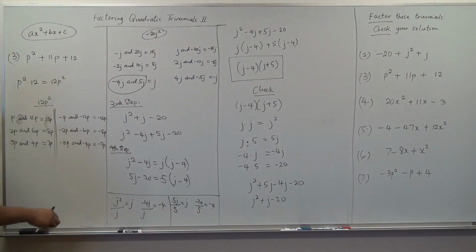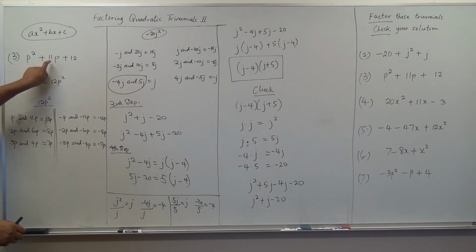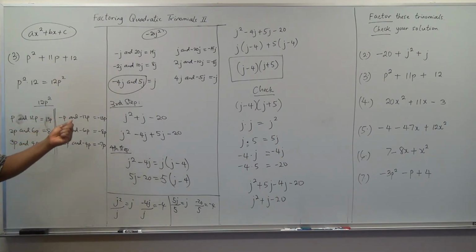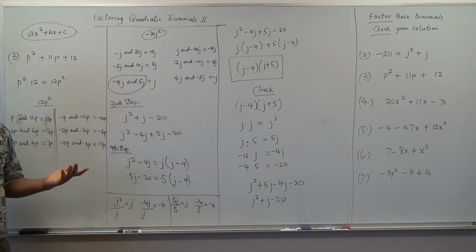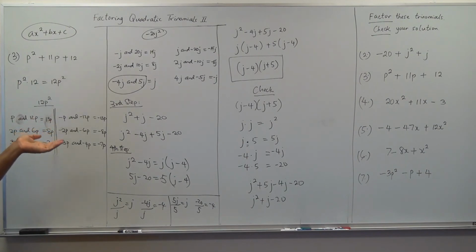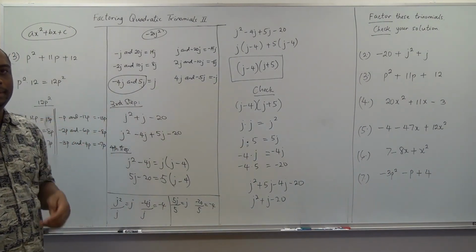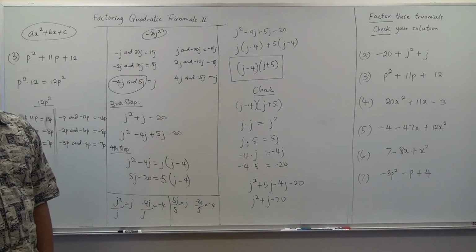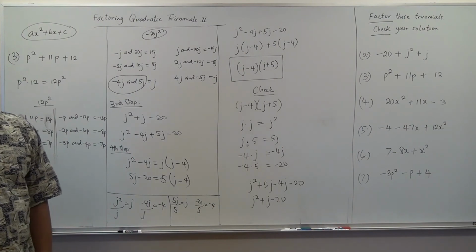So we look for the one that is the second term. The second term is 11p, and we don't have this as the second term. Because we don't have it, we just say that we cannot factorize this. We cannot use the factorization method to do this.